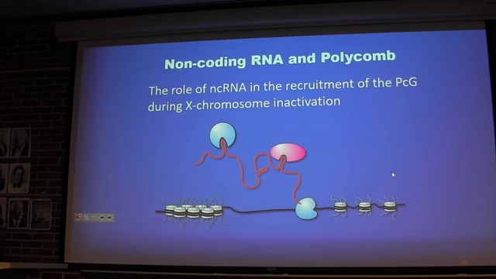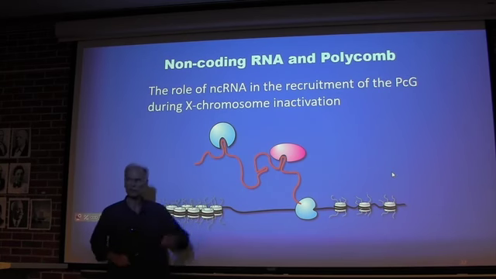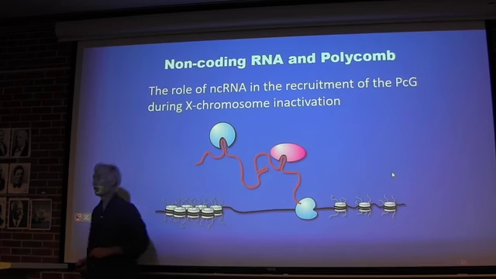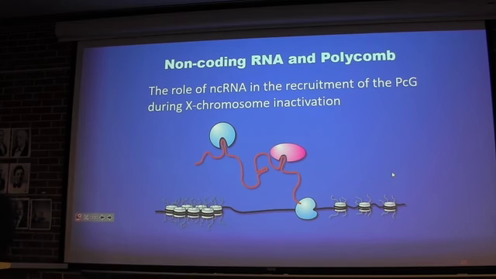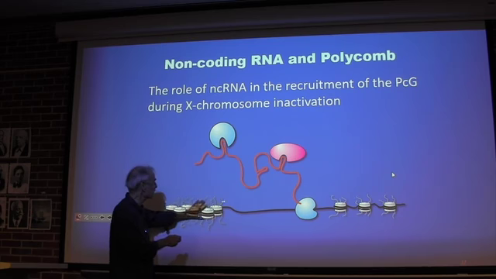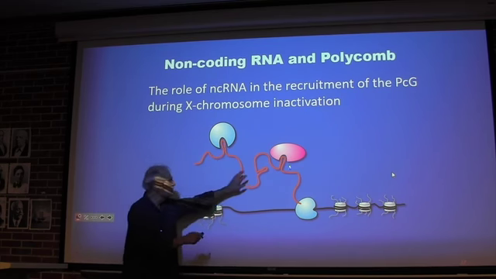So it's thought and has been demonstrated that particular specific hairpins in non-coding RNA actually are recognized by polycomb. Polycomb is on the search not only for chromatin to modify, but for RNA. Now just think of this.